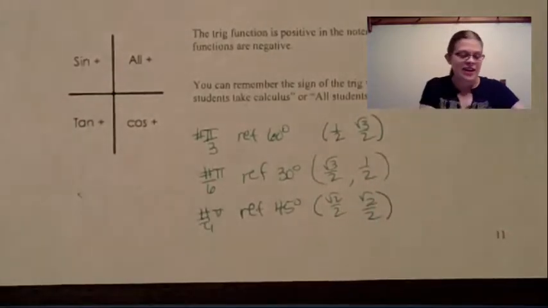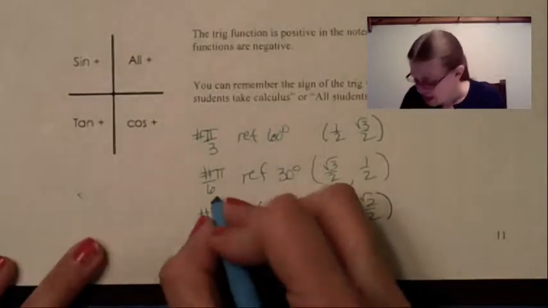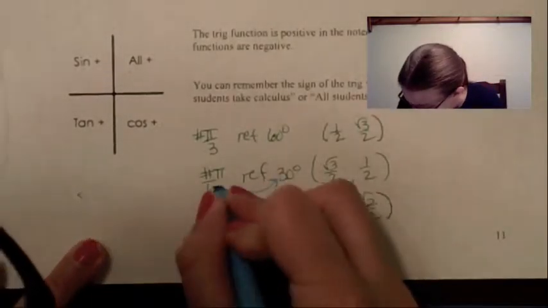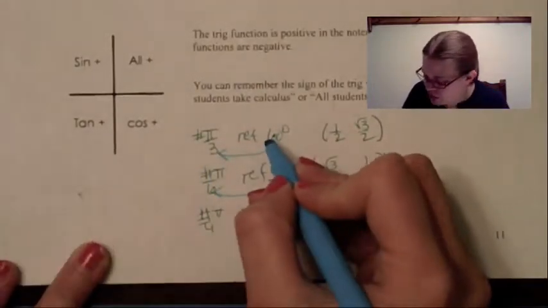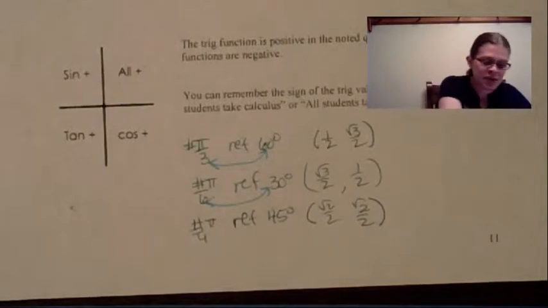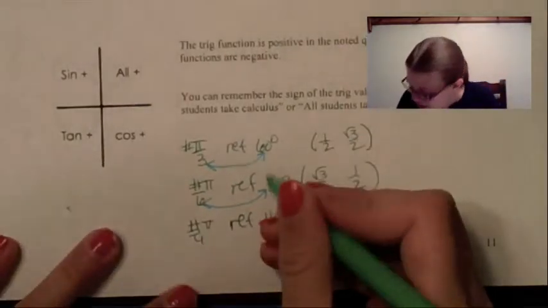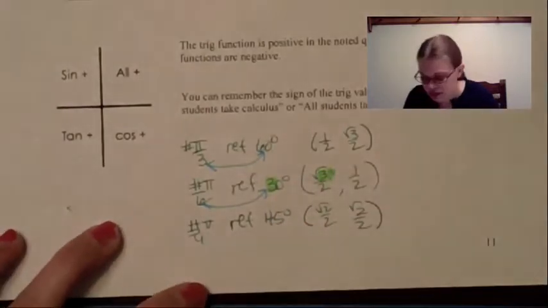So the way that I like to remember this, like I told you before, the 6 and the 3 switch from the radians to the degree reference angle. And then as far as remembering the point, since this starts with a 3, the point starts with a 3.